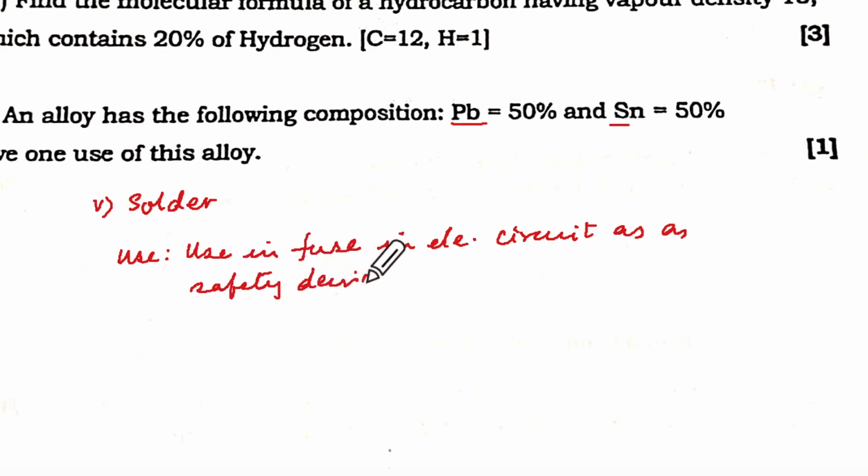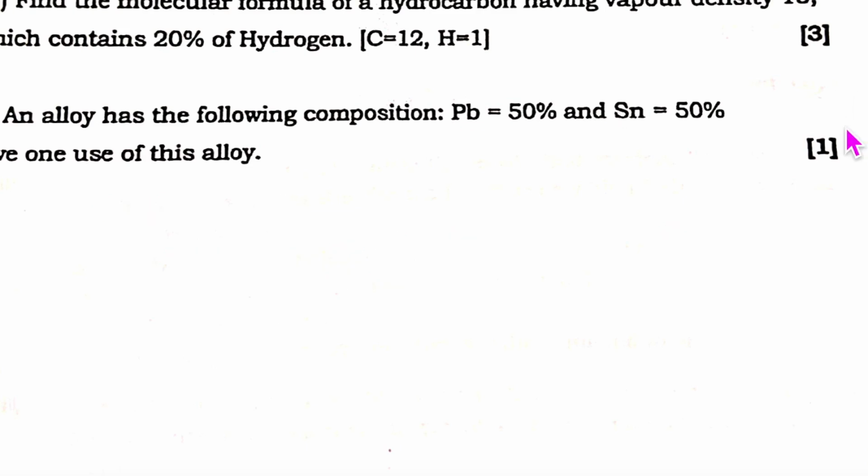We don't have to write that it melts and breaks the circuit. That will be for the physics paper. Okay, so solder underline, fuse underline. Okay, understood. So with that we finish with this paper.